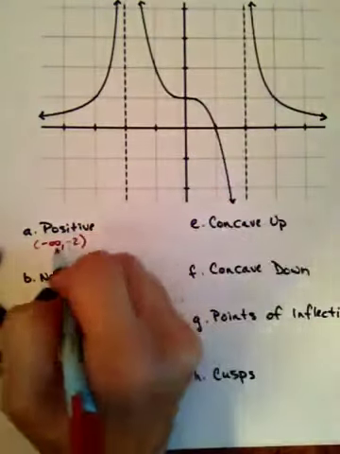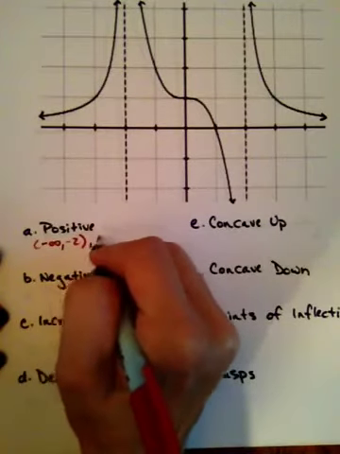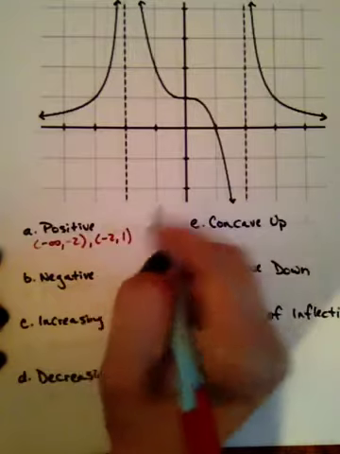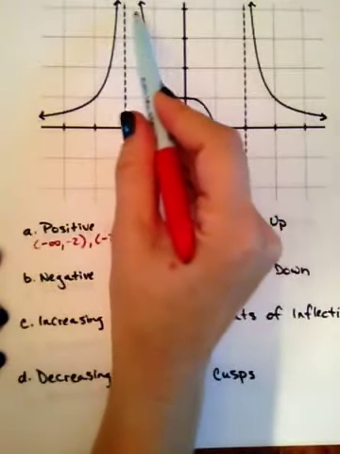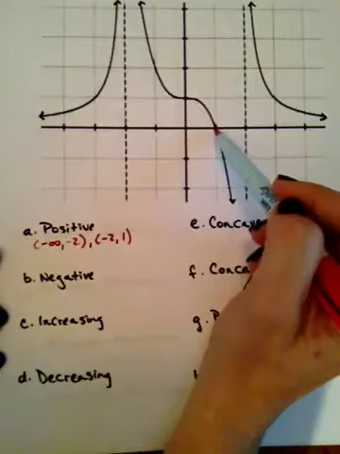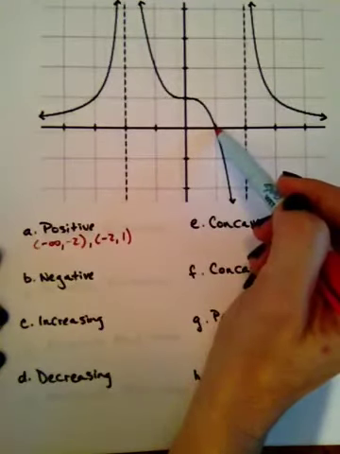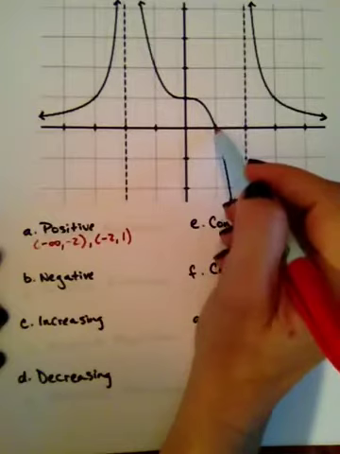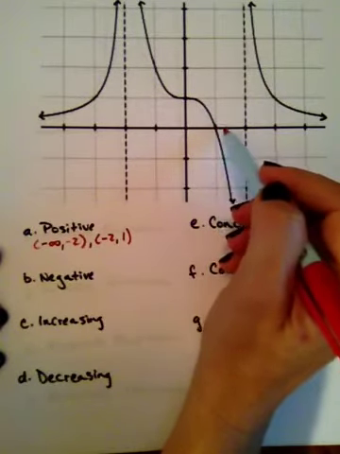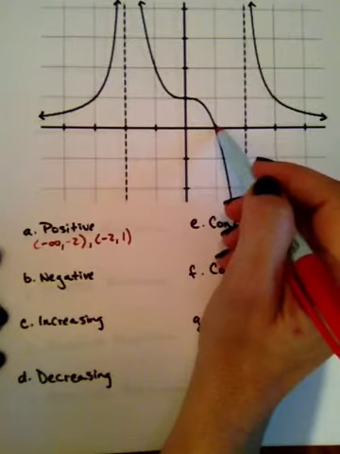So I'm going to say from negative infinity to -2, and then from -2 to 1. Now I can't include -2 in either one of these because it's an asymptote and the graph will get closer but not touch. I can't include x equals 1 because the graph actually touches the x-axis, which is 0, y equals 0 at x equals 1. 0 is not a positive number.